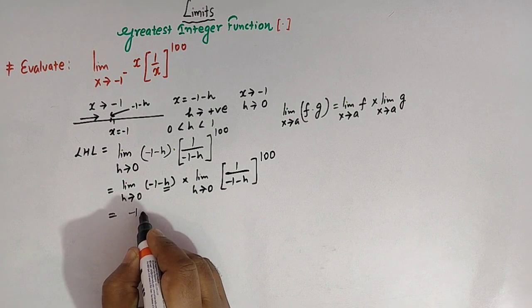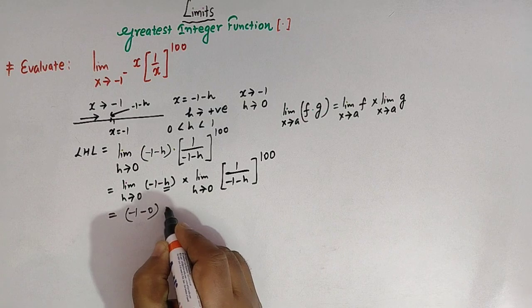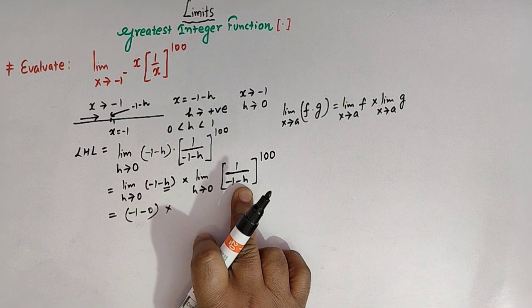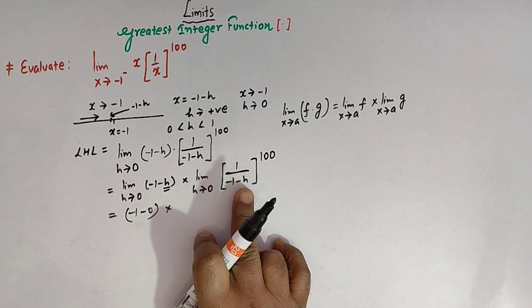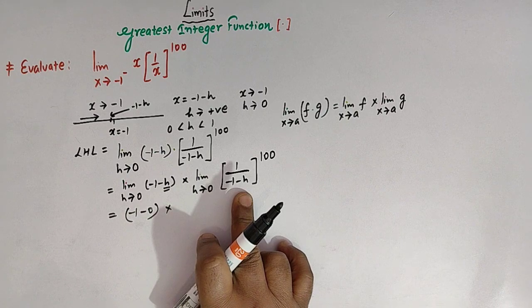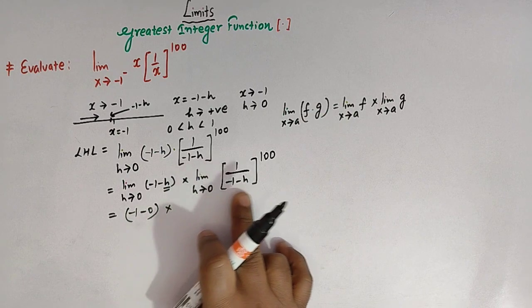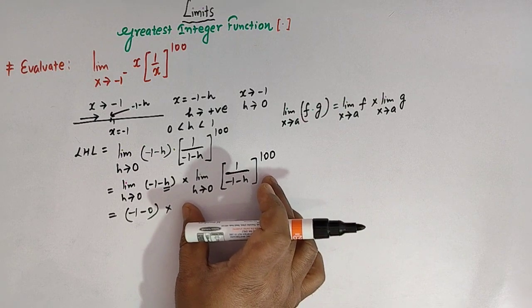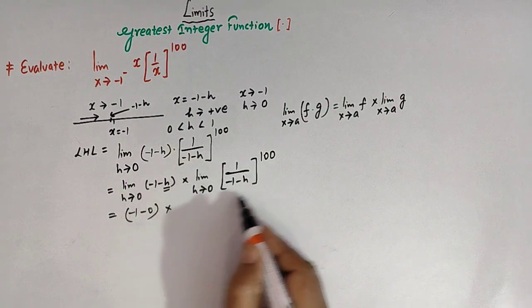So here we have minus 1 minus 0, but in the second factor we cannot directly substitute h equal to 0. And here comes the concept of the greatest integer function. It is going to be an interesting problem, how to evaluate the value of this limit.